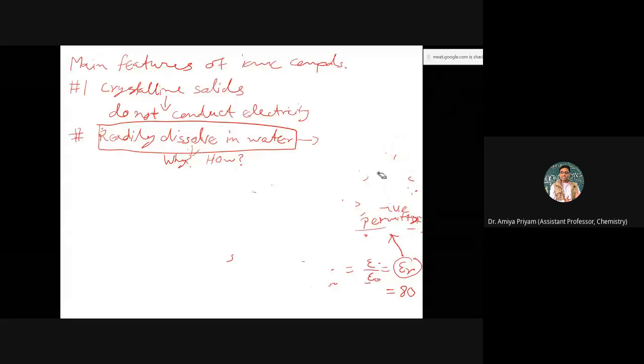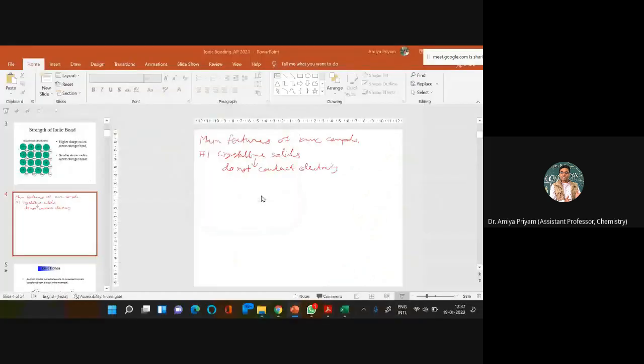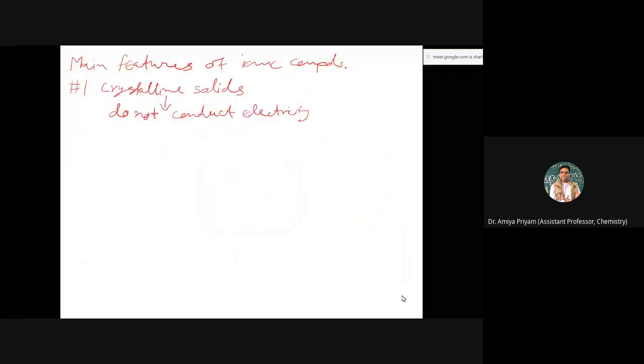You can imagine it's a three-dimensional network, and you have Na plus surrounded by Cl minus, all of them, and then you make it water.